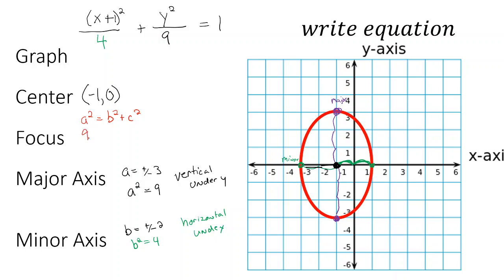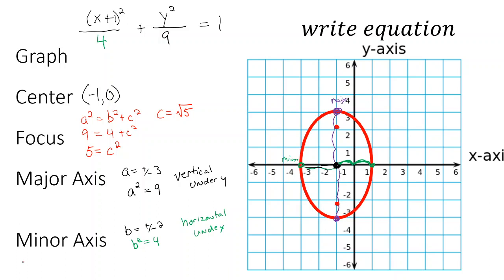The major axis was 9, the minor axis was 4, and that allowed us to find c squared. So 5 equals c squared, so c equals the square root of 5, which is just a little bit more than 2. So I'm going to put them there and there.